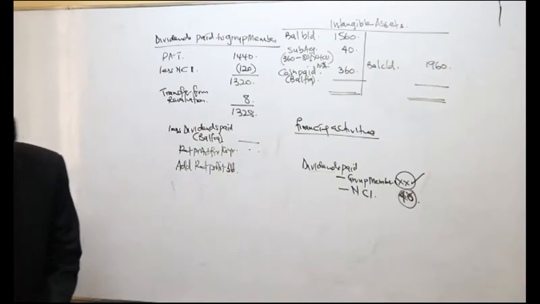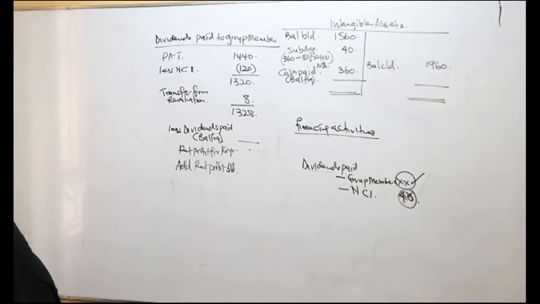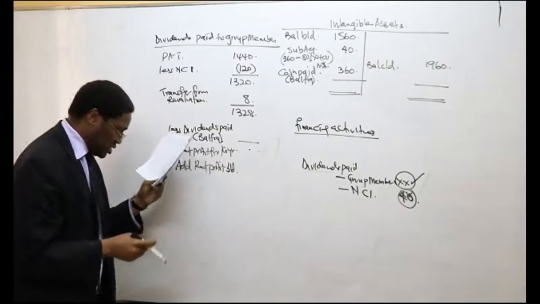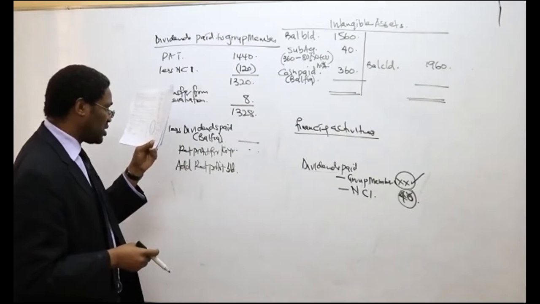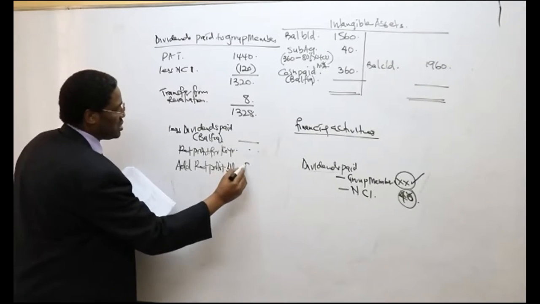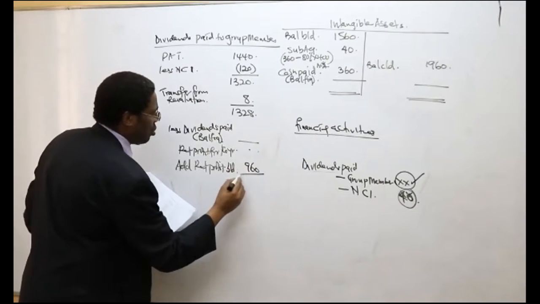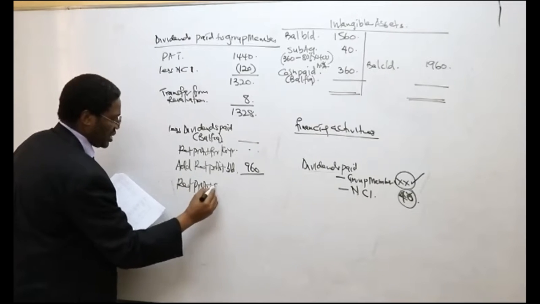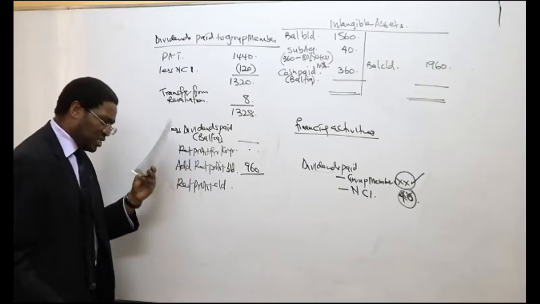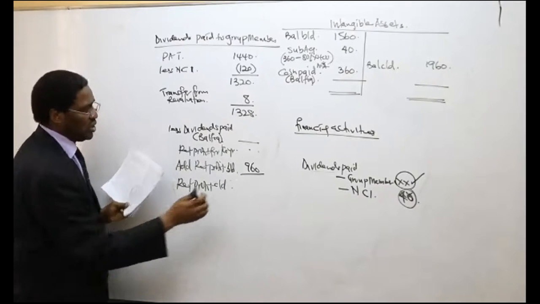We get it from the balance sheet last year. According to the balance sheet last year, our retained profit was given as 960. Then we get what we call retained profit carried down.